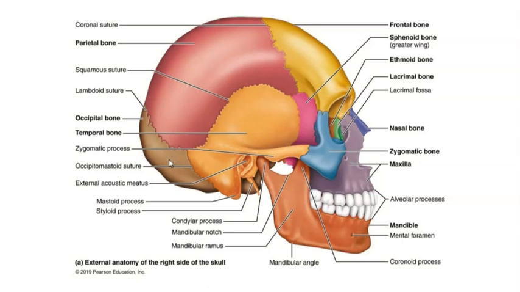The posterior part of the skull is occupied by the occipital bone. The temporal bones make up pretty much the lateral aspects of the skull. And then also as part of the cranial bones in magenta here, we see the sphenoid bone. We'll get a better look at that from other viewpoints. And then this orange little sliver of bone right here is part of the ethmoid bone.